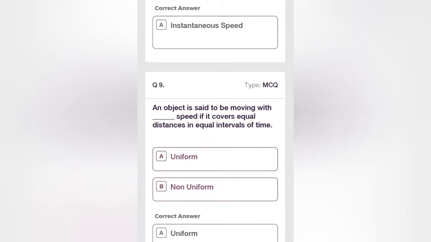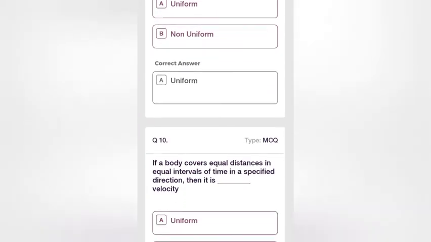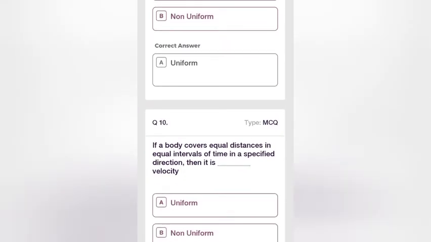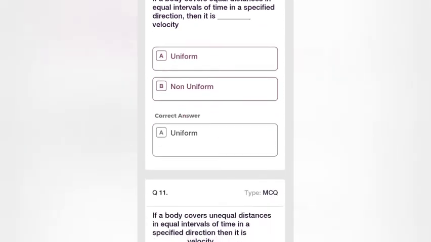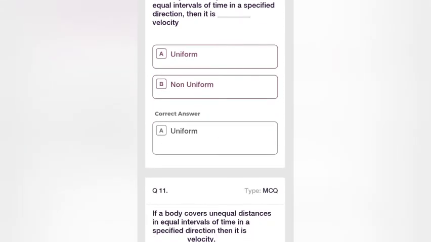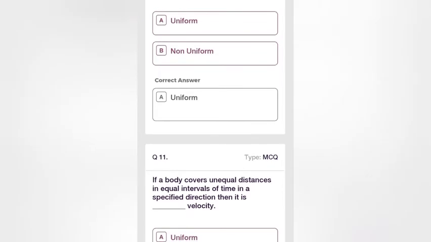If it covers equal distance in equal intervals of time in a specified direction, then that velocity is called uniform velocity. There it was motion, here it is uniform velocity. So the option given is velocity, right? So it is uniform velocity.